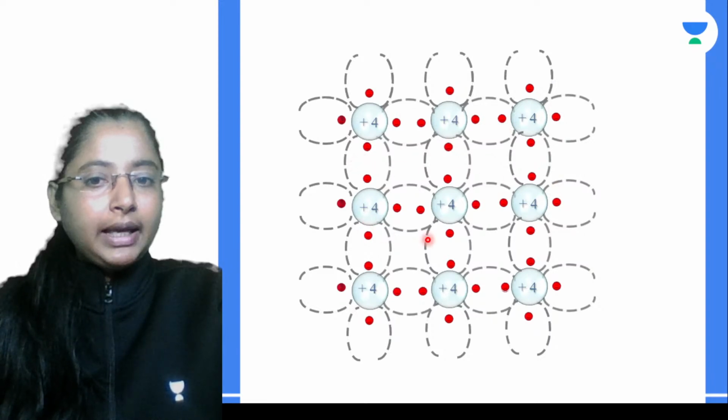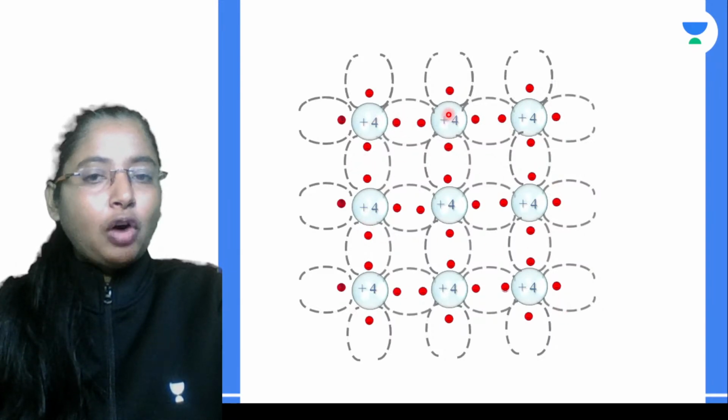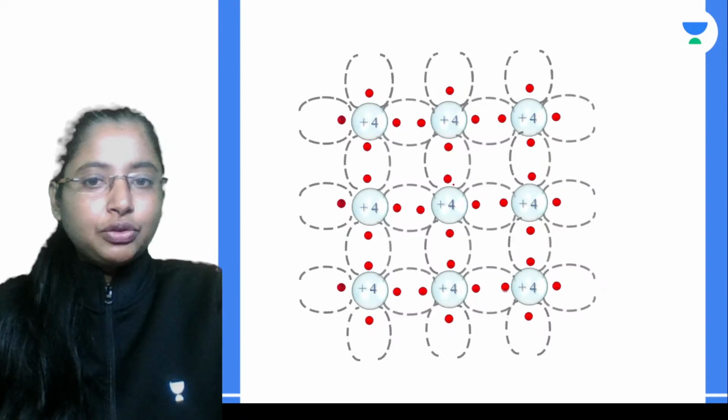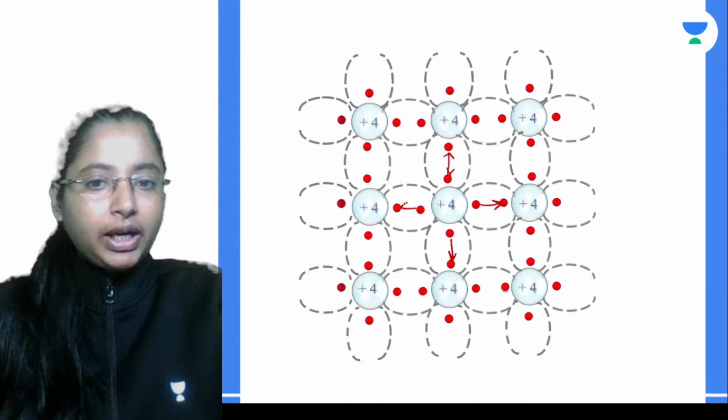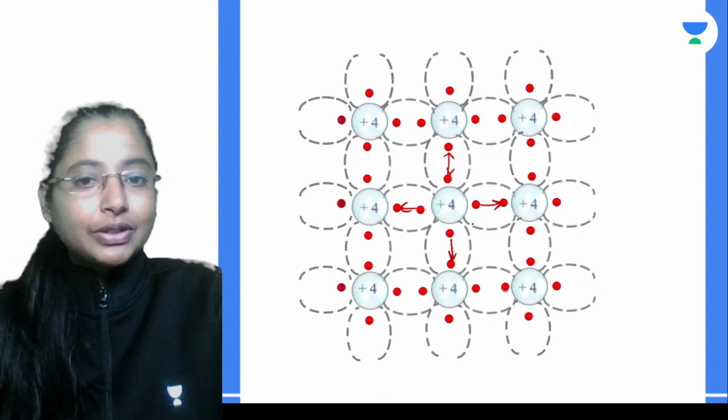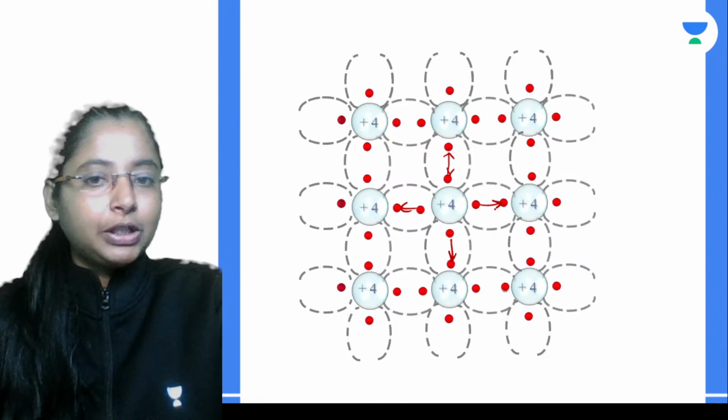Likewise, what we notice is that each electron forms a covalent bond with the neighboring electron. Look at the centermost atom. This atom forms covalent bonds with the neighboring atoms. Since the outermost shell has only 4 electrons, 4 more electrons can be shared.